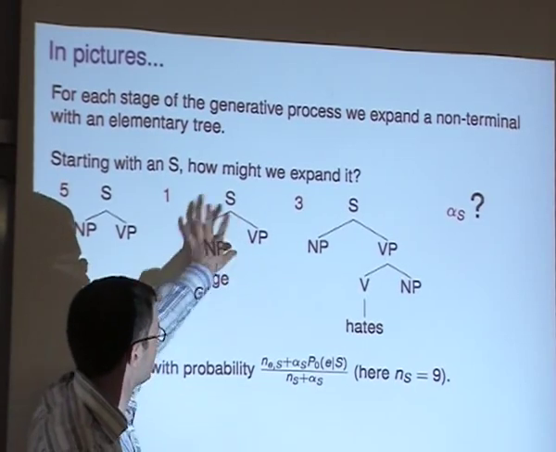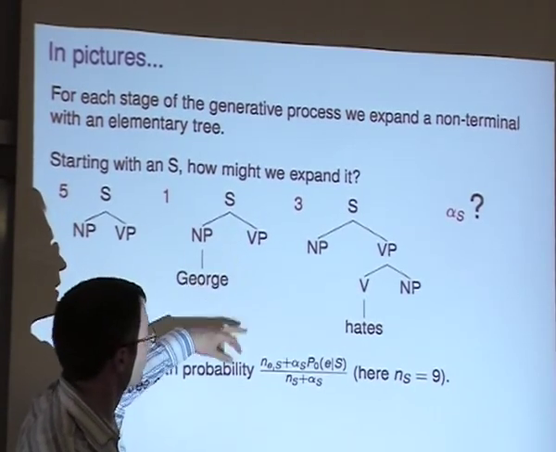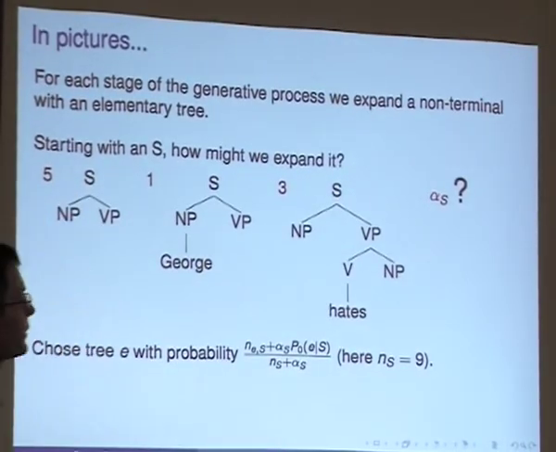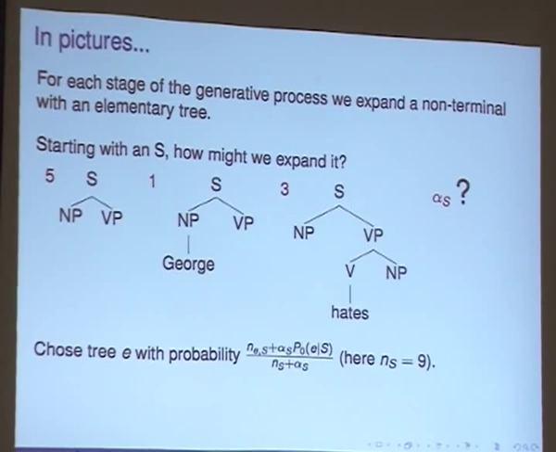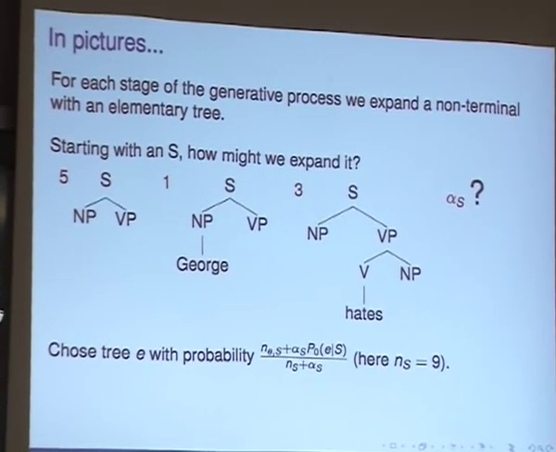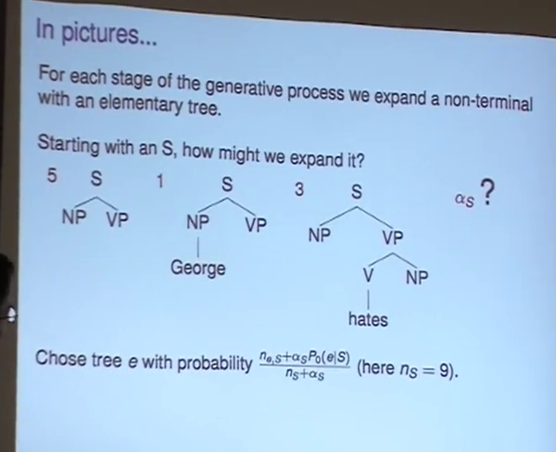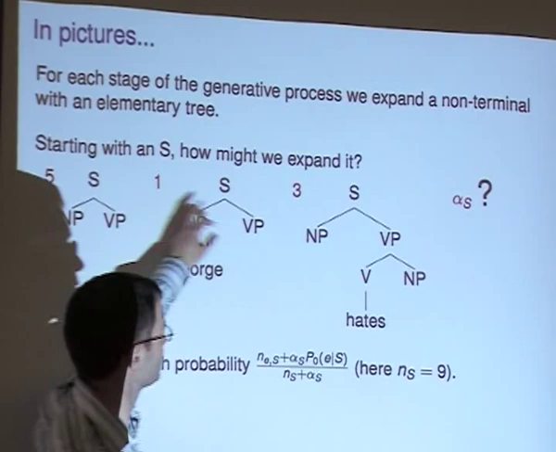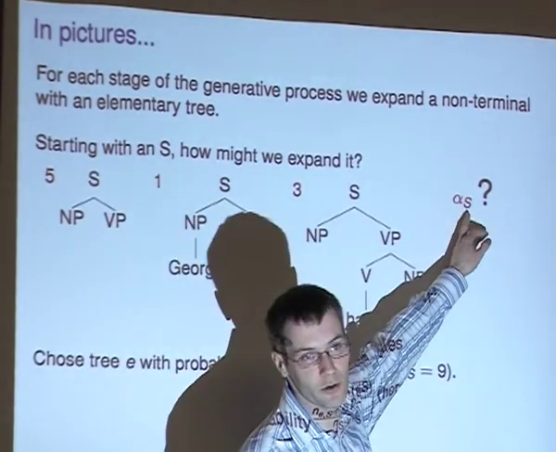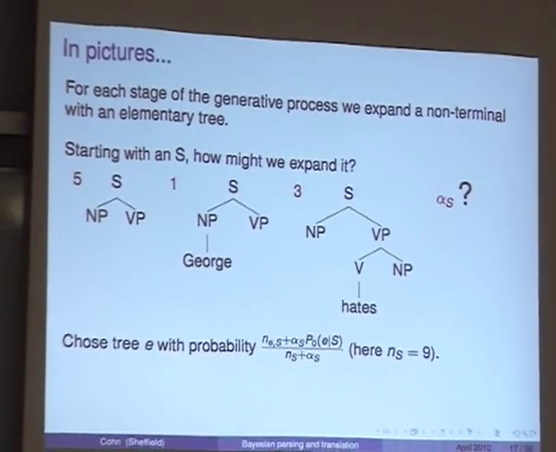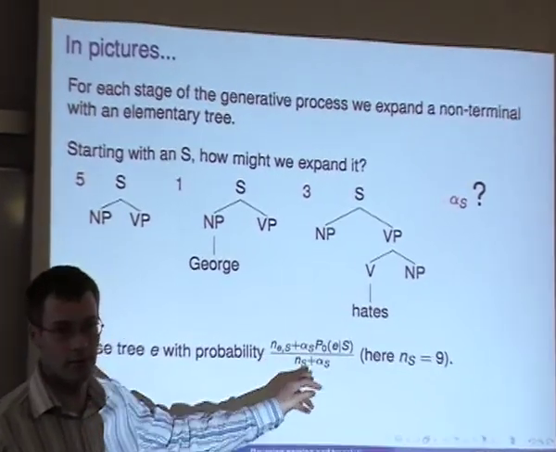We might have seen it as a slightly larger fragment with George here, and we might have seen this larger fragment again with the count 3. So the idea here is that we try and repeat what we've done before with similar proportion. So we'll do this with ratio 5, we'll do this with ratio 1, ratio 3, and we'll do something new with ratio alpha. So the idea is we then normalize this, which gives us our formula down here.